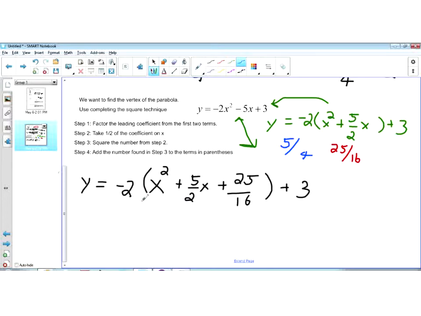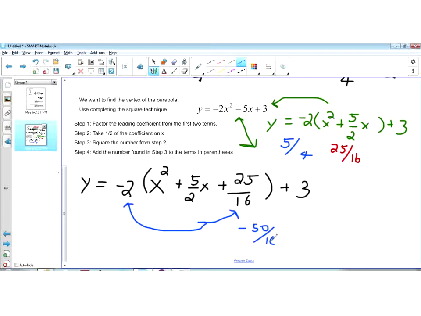We need to make an observation here. What we have effectively added to the original parabola is this number right here: -2 times 25/16. So we have added -50/16 to our parabola.